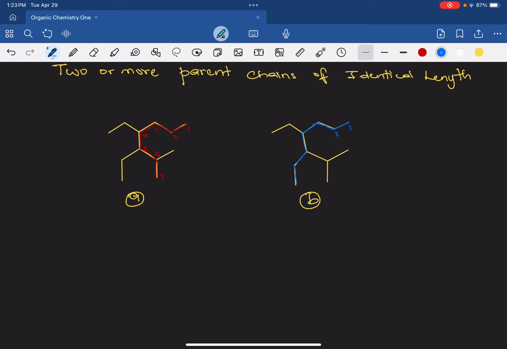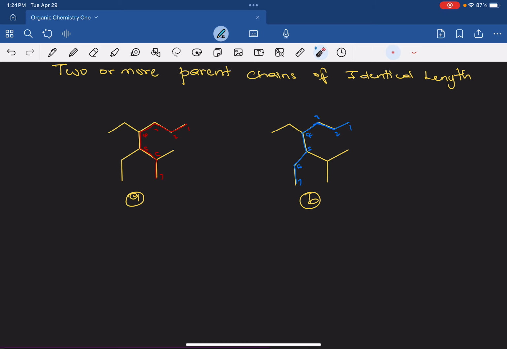Over here, 1, 2, 3, 4, 5, 6, 7. So this molecule has two long chains, two parent chains that are of the same length. It's 7 carbons in each long chain.